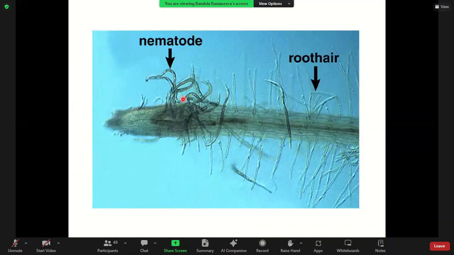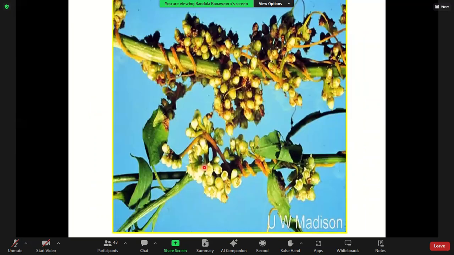Now nematodes are appearing, and they are similar to root hairs of the plant root. Structures. Now here, the structures of that parasitic Cuscuta plant, it has produced fruits, seeds as well.